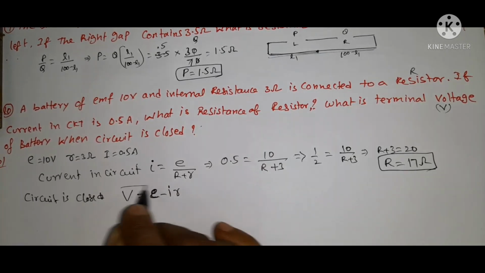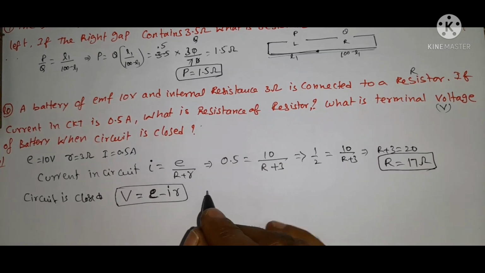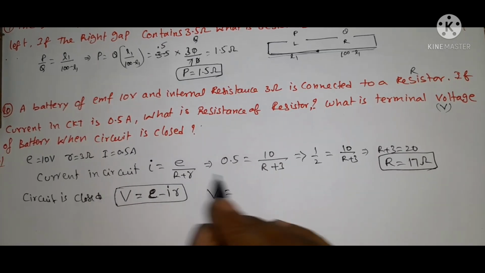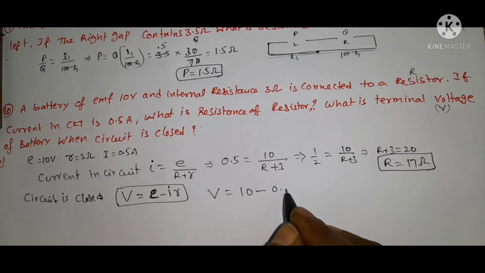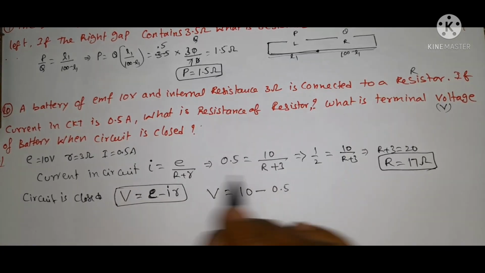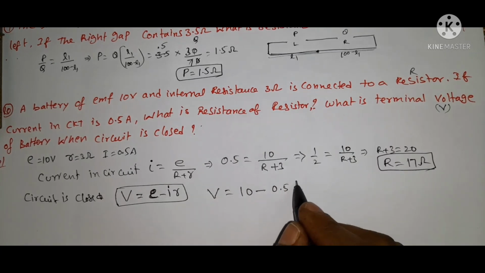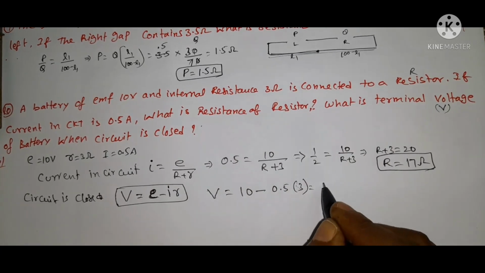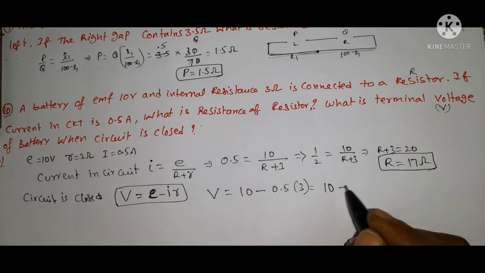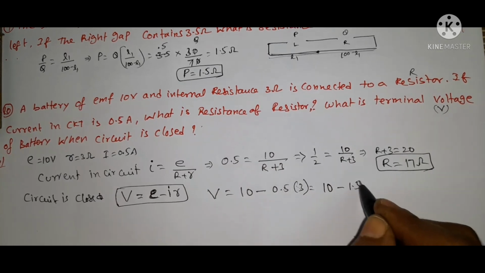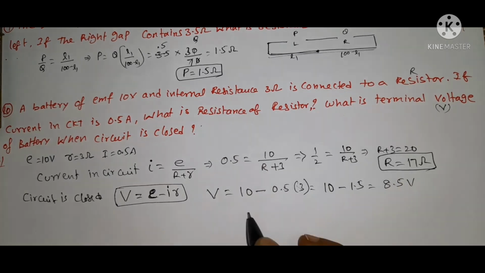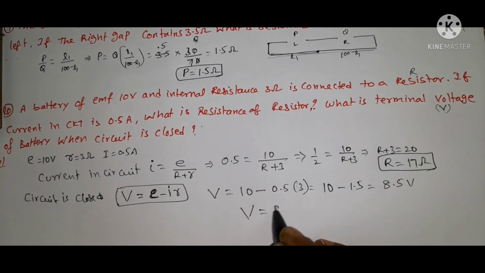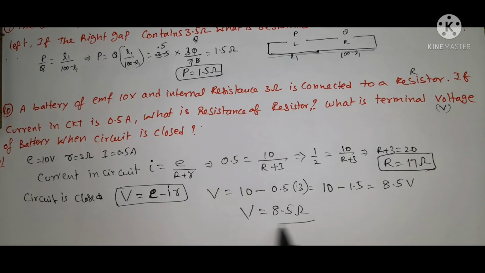Simply substituting, V is equal to E, already known as 10, minus I, already known as 0.5, times small r, that is 3. So you will get 10 minus 1.5. How much will it be? 8.5 volts. So the value of the terminal voltage is 8.5 volts.